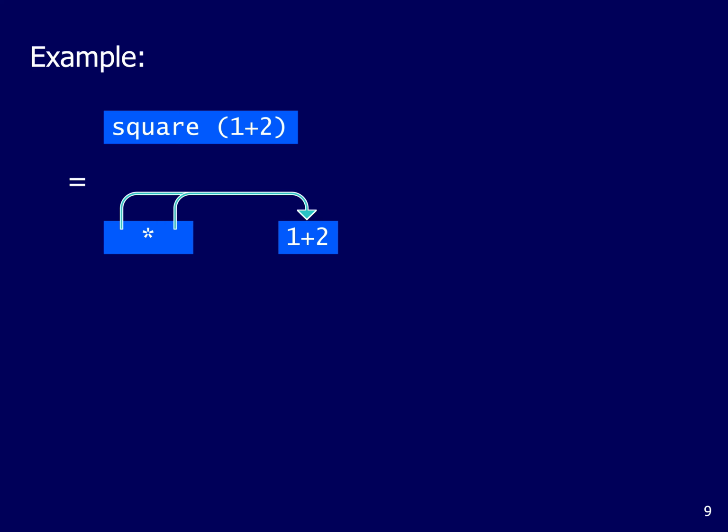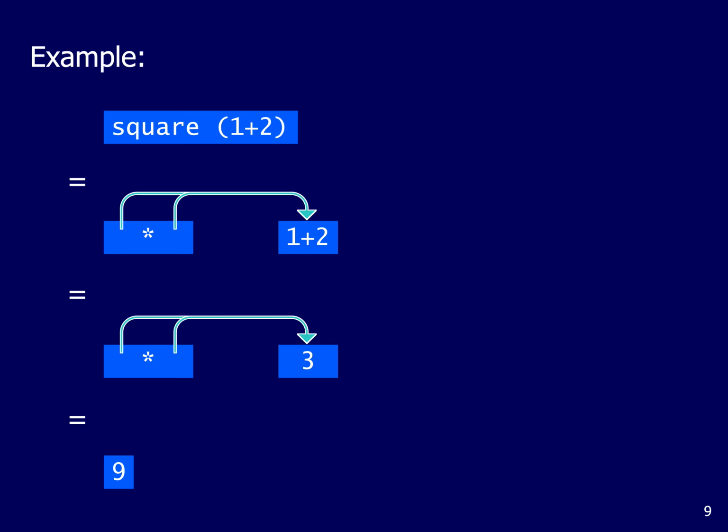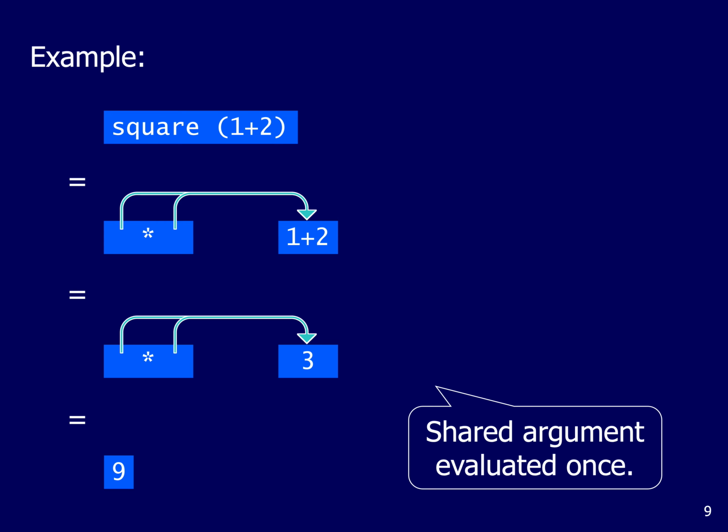Then in the next step, when we evaluate the 1 plus 2 to get 3, these two pointers will be sharing that evaluated result 3, so that finally we can get the result 9, which means we have evaluated the square of 1 plus 2 in 3 steps now, just like we did with innermost evaluation. Just to emphasize the point, the shared argument 1 plus 2 is now only evaluated once.